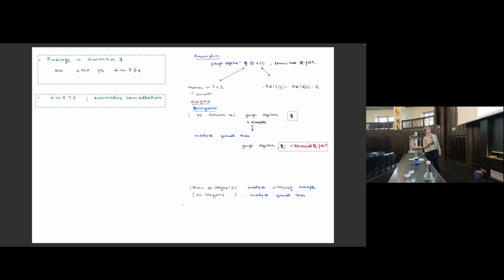So the assumption in our papers is we have this gauge algebra, terminal Q-factorial singularities, and we assume a general case. So we assume there is a smooth curve, gamma, where we have branes wrapped. This is a curve in the base, and it's generic.